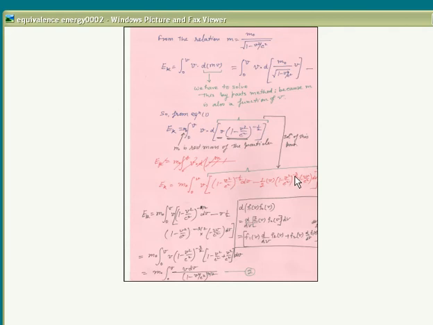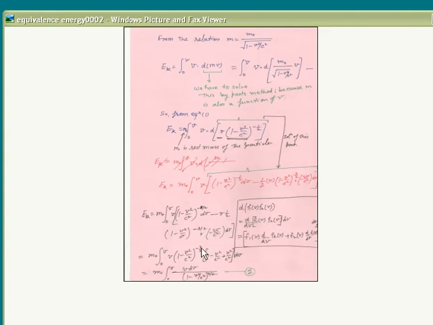And again the differentiation of the inner part will be minus 2v upon c square into dv. After simplification, kinetic energy becomes m naught times the integral from 0 to v of v, and now take out the common factor 1 minus v square upon c square raised to the power minus 3 by 2.